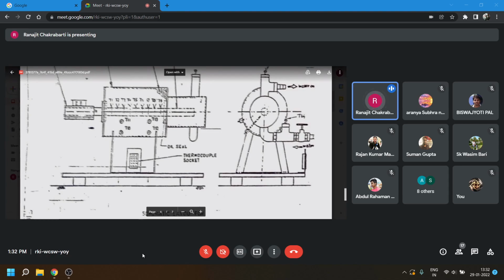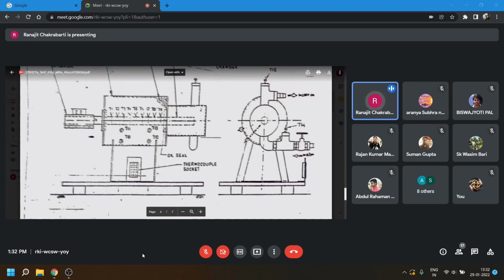That is, how much mass of water is flowing, that we are measuring. And what is the temperature of the water at the inlet of the pipeline, and what is the temperature at the outlet? These two temperatures we are also recording.